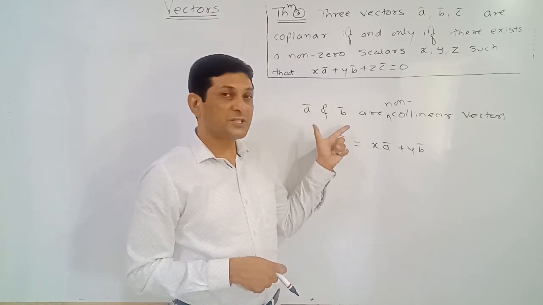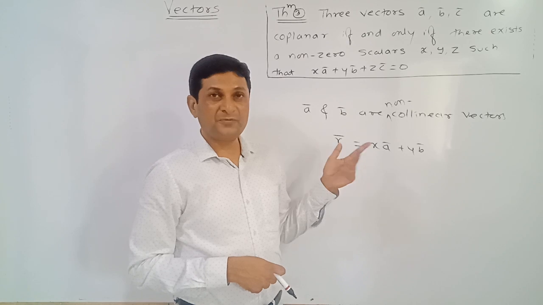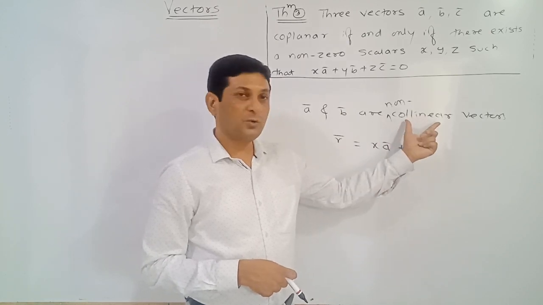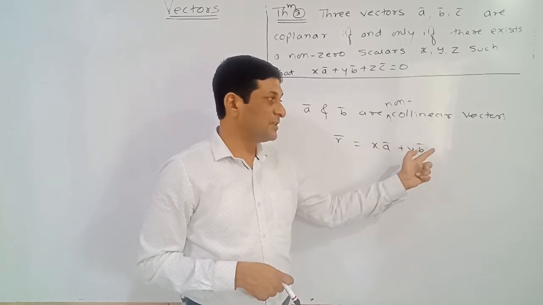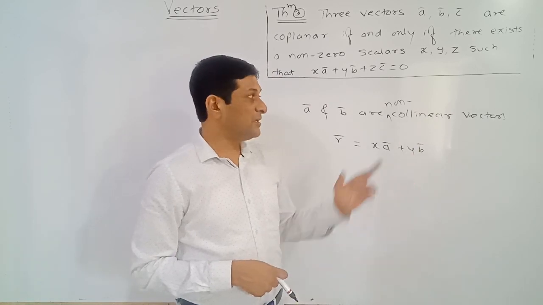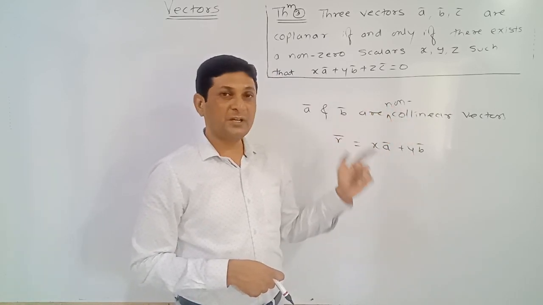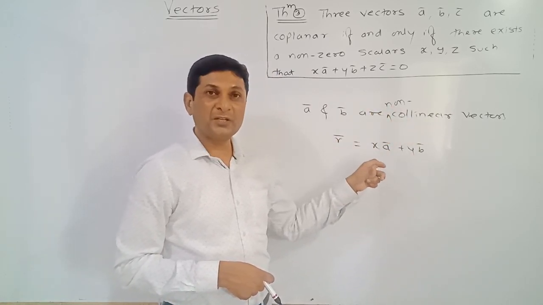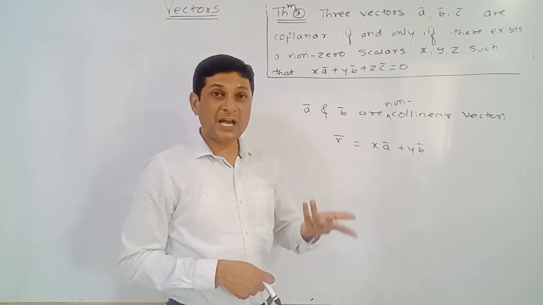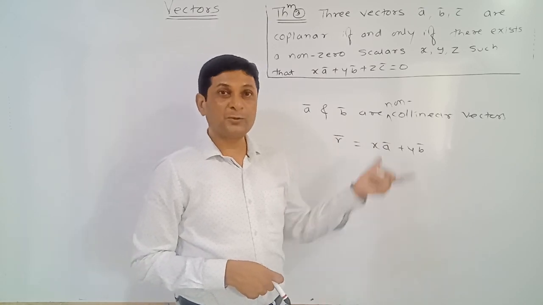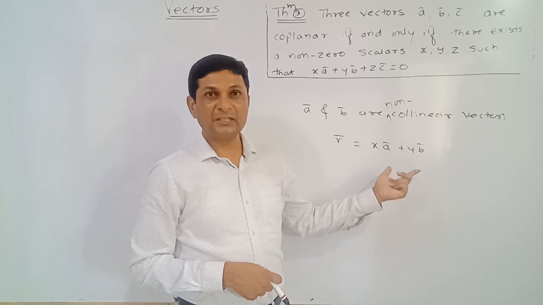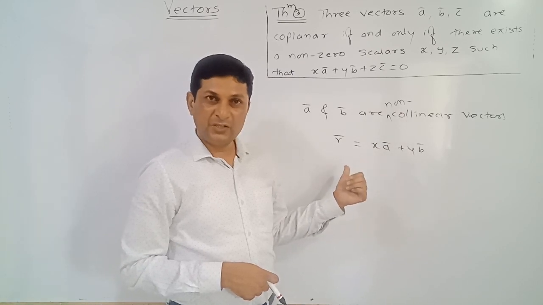Now, what is the difference between the first two theorems? In the first theorem, vectors are collinear, and the value of this linear combination is 0. But if these vectors are non-collinear, the value of the linear combination is R bar. And what is R bar? A new vector. If two vectors are non-collinear, then their linear combination is a new vector.